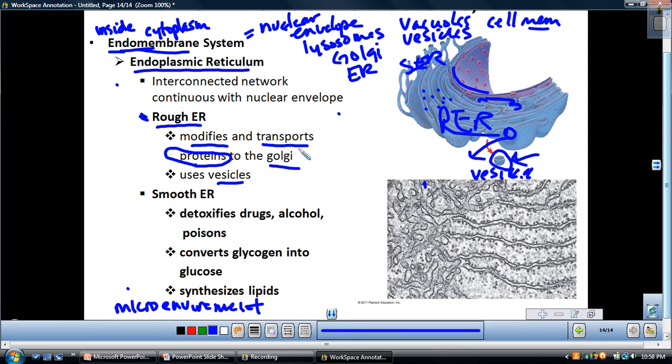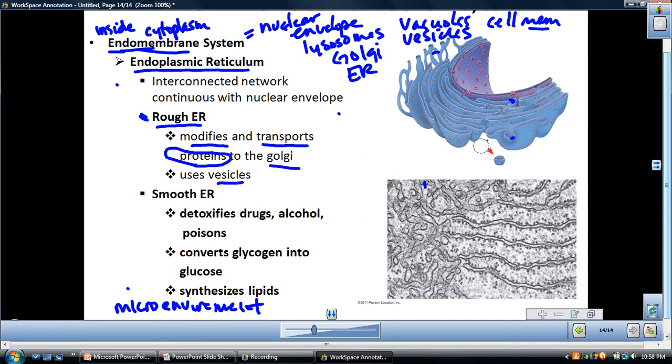Now I did want to point out a few things on the diagram, so I'm going to erase some of this writing right here. We're going to label a few things on the rough ER. There are a few vocabulary words. The first one is cisternae. It is actually the membranes and tubules. This little round sac right here, all the way around.